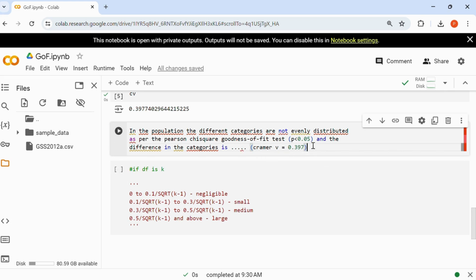In this way we will document the result of this hypothesis test.